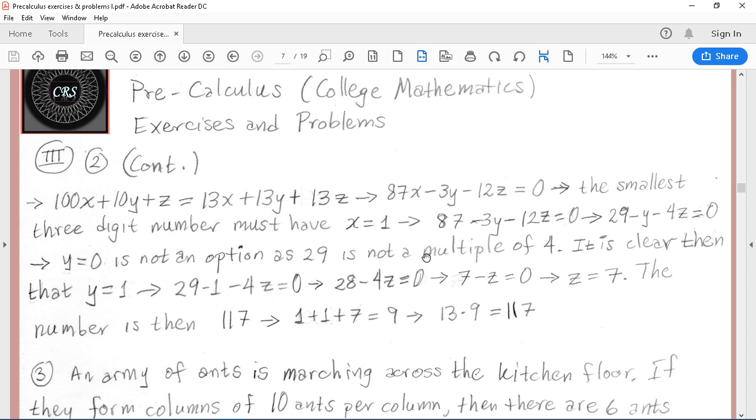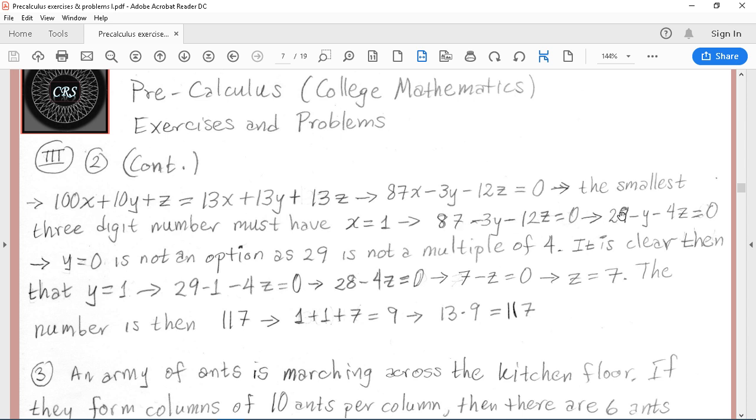So since we are looking for our smallest three-digit number, that means that we are going to assume that the digit corresponding to the hundreds has to be 1. So we make x equal to 1. That means that we have 87 minus 3y minus 12z equals 0.